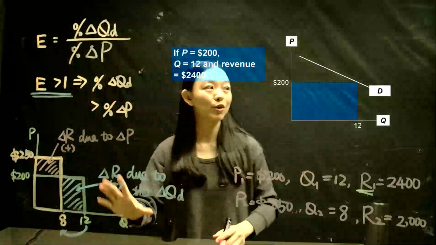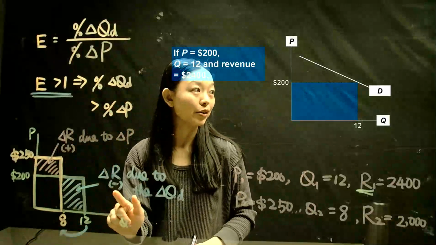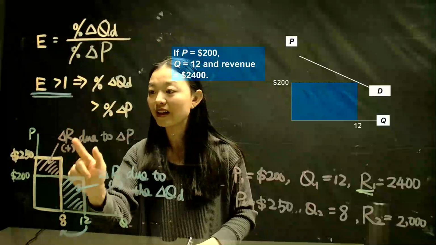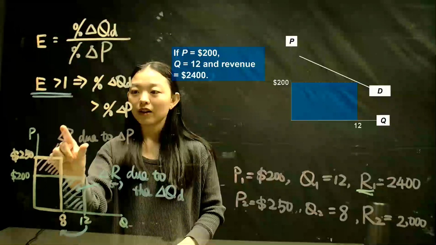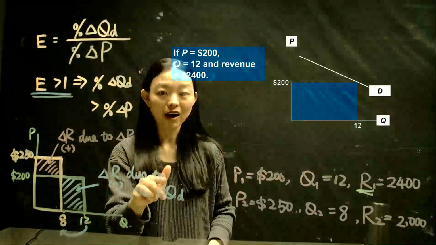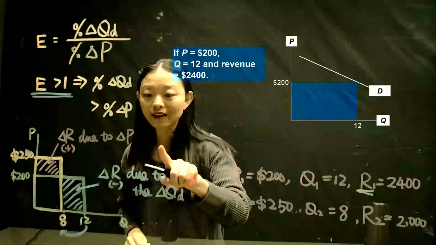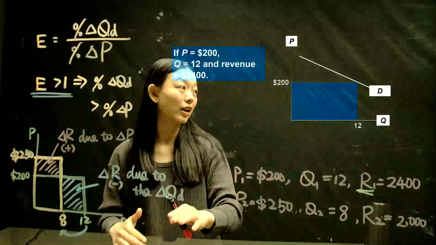And then you can see from this graph, actually, the loss in total revenue is larger than the gains in total revenue. So the gains in total revenue due to the higher price cannot offset the loss in total revenue due to the lower quantity demand.